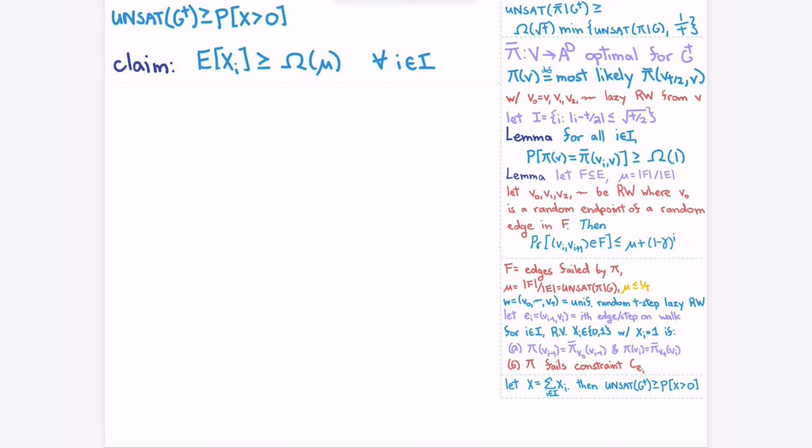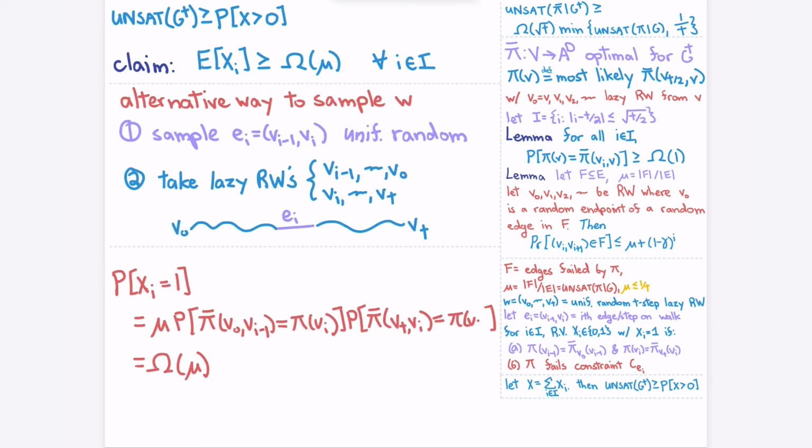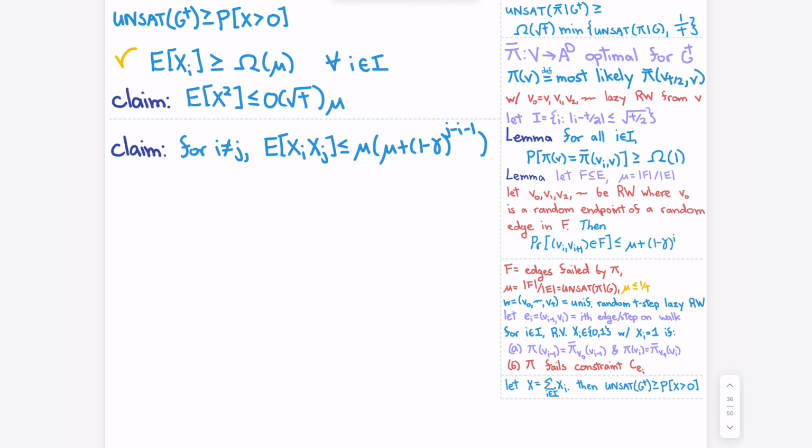So with constant probability, if you walk out I steps and you look at the letter, it's going to match your induced letter. And if you walk t minus I steps, with constant probability it'll match your induced letter. So you lose some constant. That's why it's big omega mu instead of just mu. So imagine generating the walk differently, starting from the ith edge. Okay, good. That was just writing out what I said out loud.